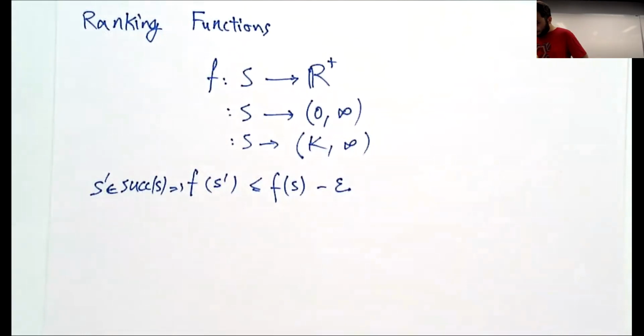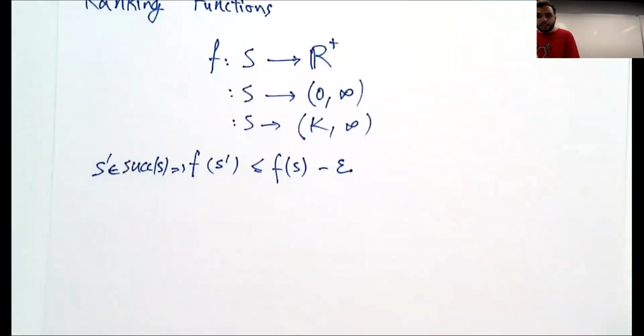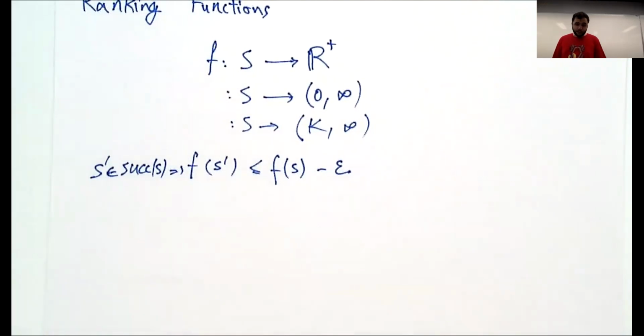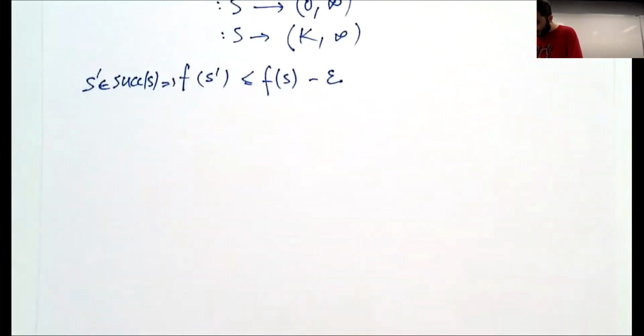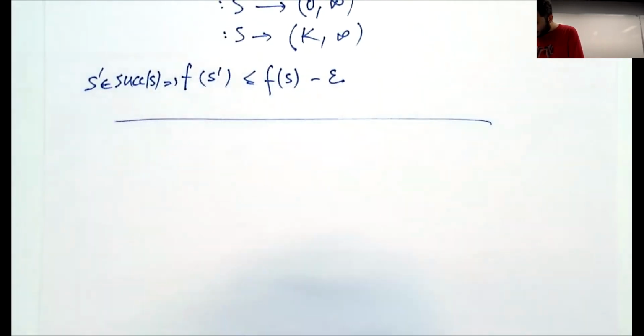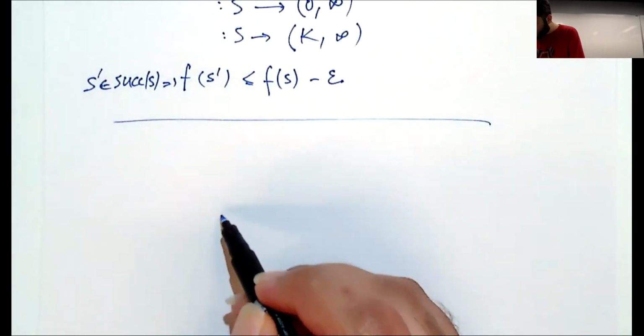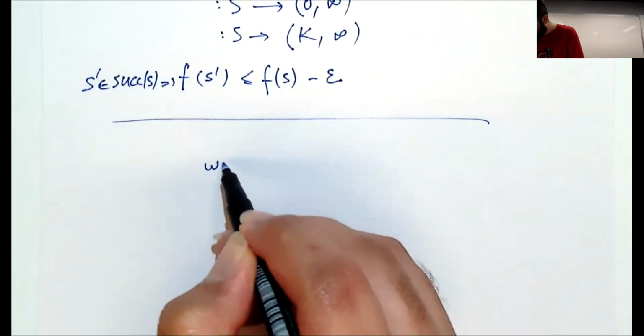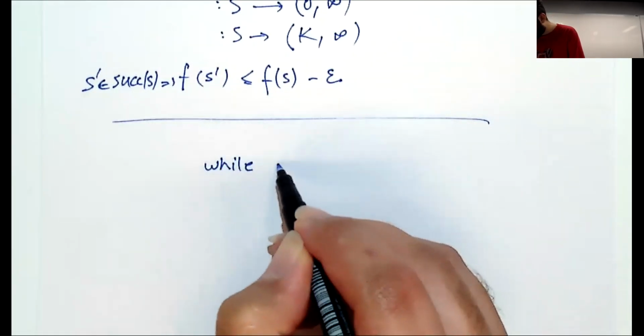Okay. Now, with these ranking functions, it actually makes sense to ask, what happens if f is, for example, a linear function in terms of the valuation that I have? Or what happens if f is, let's say, a polynomial function? So here's a simple example. Let's say that I have a program, and the program is very simple.